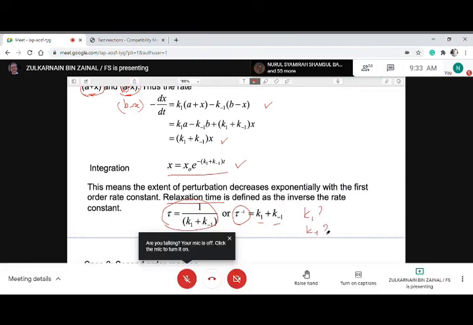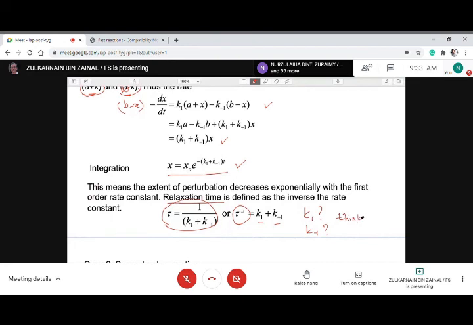How to get k1 and k minus 1? Okay, this one I want you to think about yourself. How do you get k1 and k minus 1 from the tau value? You already have the tau value, all right? You know the tau value, but what about the values of k1 and k minus 1? Interesting, right?